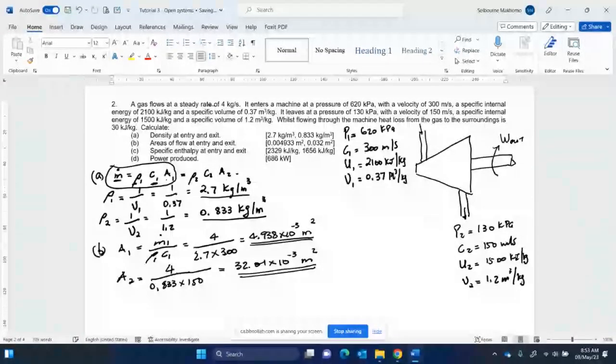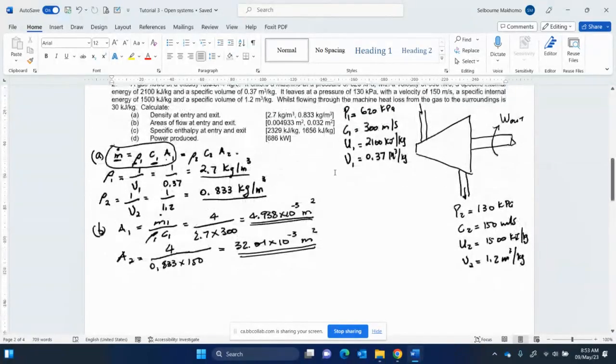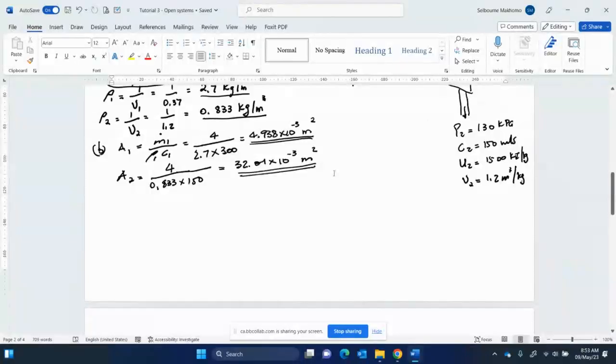Now the specific enthalpy at the inlet and the outlet. They want H1 and H2. So H1 is equal to specific internal energy at 1 plus pressure times specific volume at 1, which is 2100 plus P1, 620, times the specific volume 0.37.